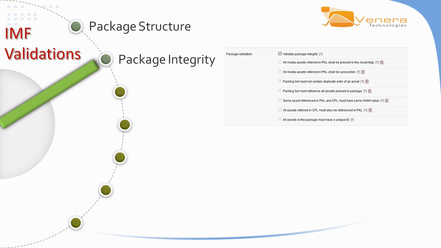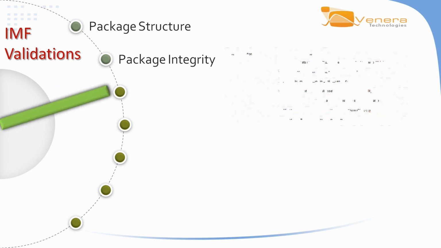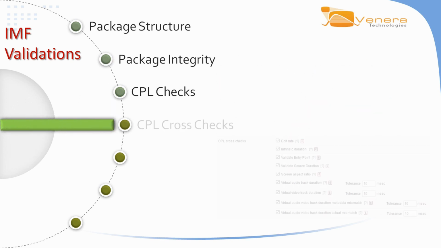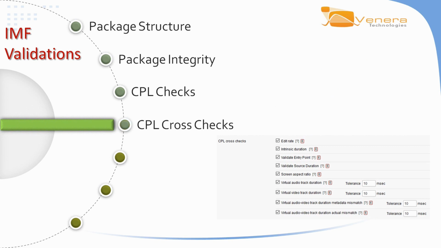Package integrity: there are various checks that can automatically be done by Pulsar or Quasar to verify that the package has all the components it requires. CPL checks: there's a series of values that the user may want to check to make sure the CPL is valid. Cross-checking the CPL, the information in the CPL itself against the actual package, to verify those values are proper.